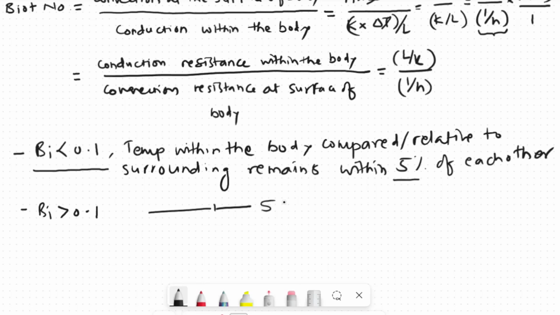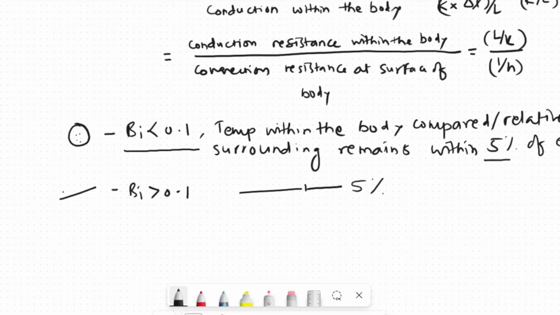And for the same case, I have given you an example of a very small copper ball and the chicken. So inside the copper ball, we can assume that the temperature is nearly constant. And in case of the food material, the temperature is changing with respect to time and with respect to distance.